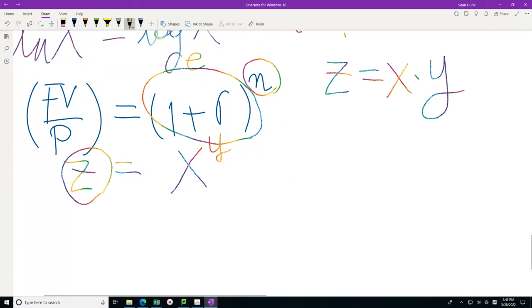Instead, we have z equals x to the y structure. So how do we proceed any further? And I showed you that by taking log, if we take log on both sides, right?